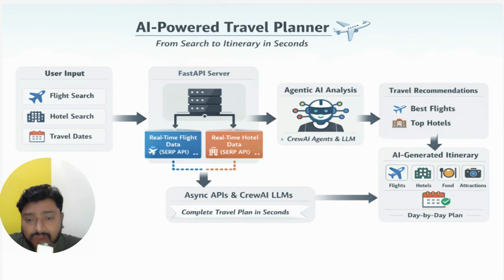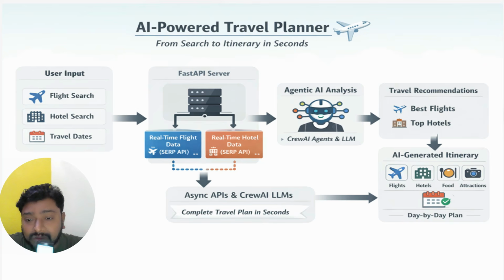Here we have multiple agents, like the flight analyst agent that compares the price, duration, and stops, and the hotel analyst agent that works on the evaluation of price, rating, and location. All this agentic AI analysis is powered by LLMs using CrewAI.